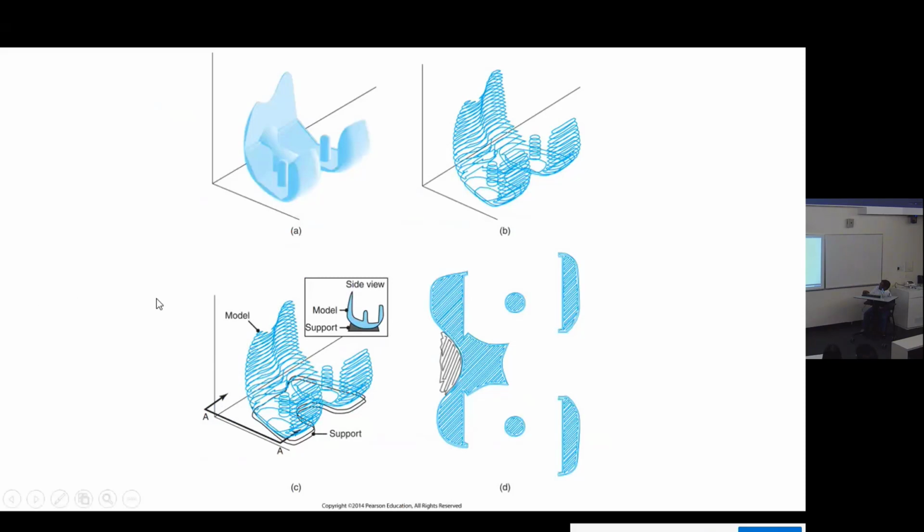So you can see that if you have a part, it has to be built in layers. This is how it deposits things in layers, yeah? And then each layer, you can see each one is a line, and then the beam, in the case of electron beam or laser beam, has to actually follow each of these lines. Imagine how long it will take to do this.